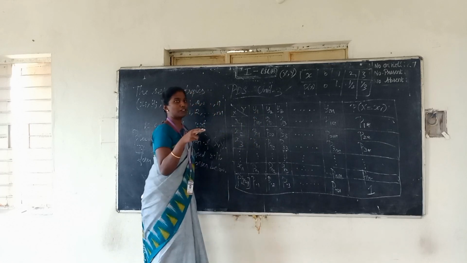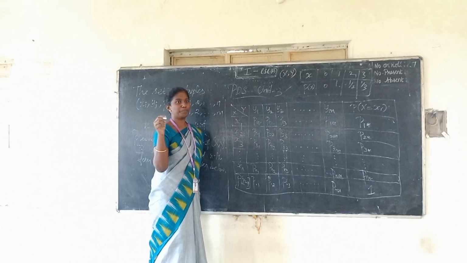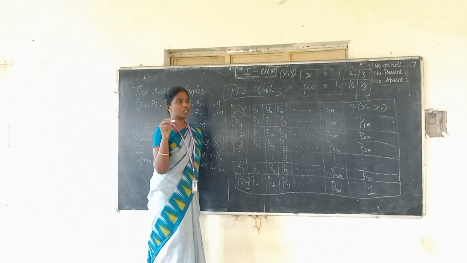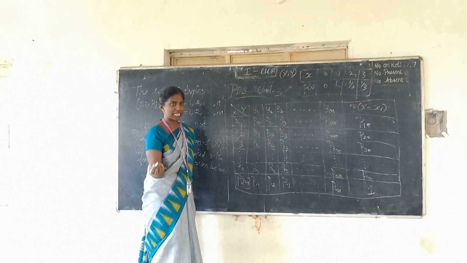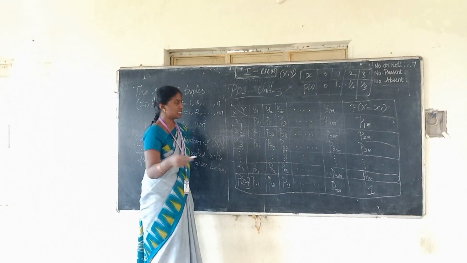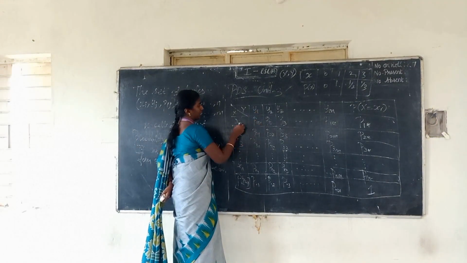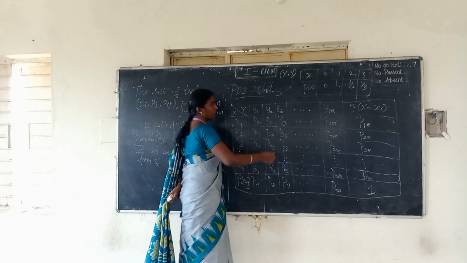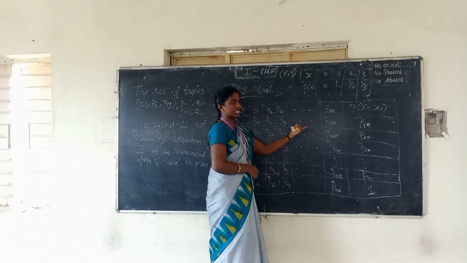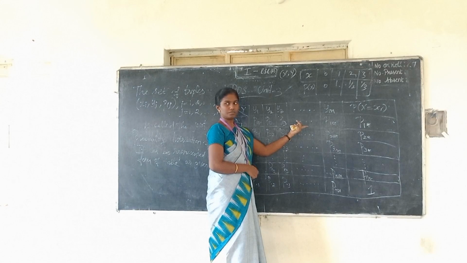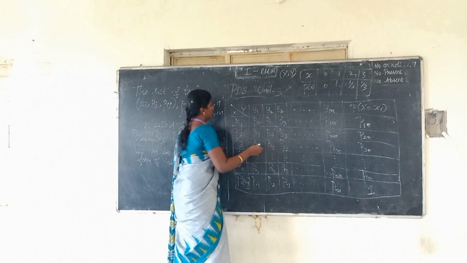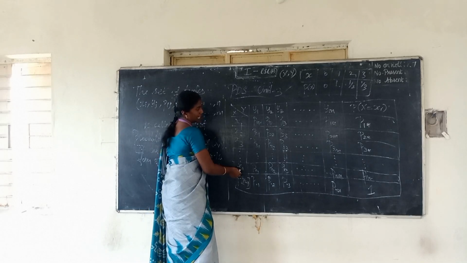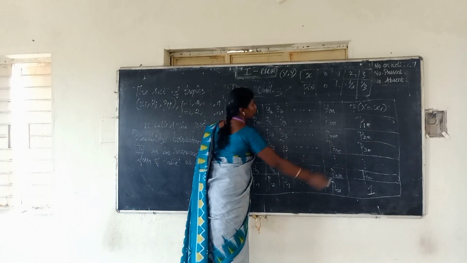We already saw the definition: P of X equal to xi comma Y equal to yj is represented as Pij. Like that P11, P12. What does this dot represent? Continuing. Up to here xn and here up to ym.